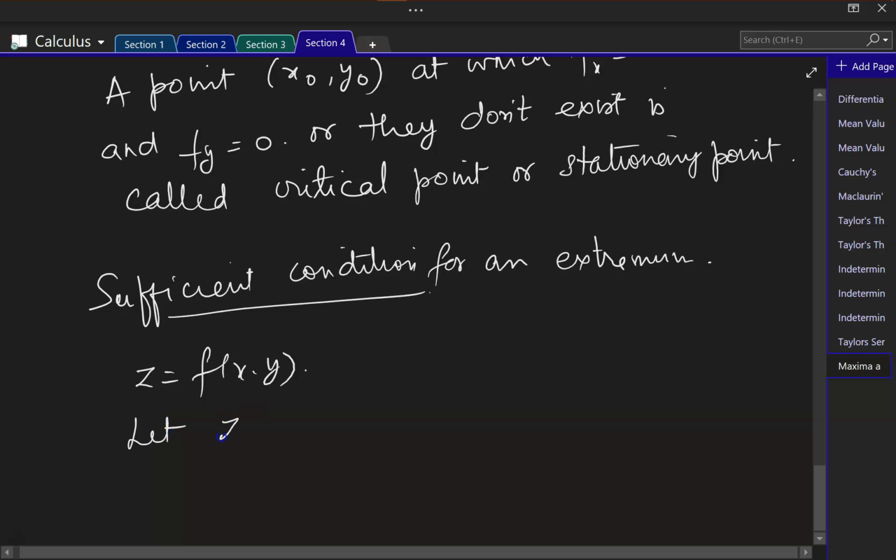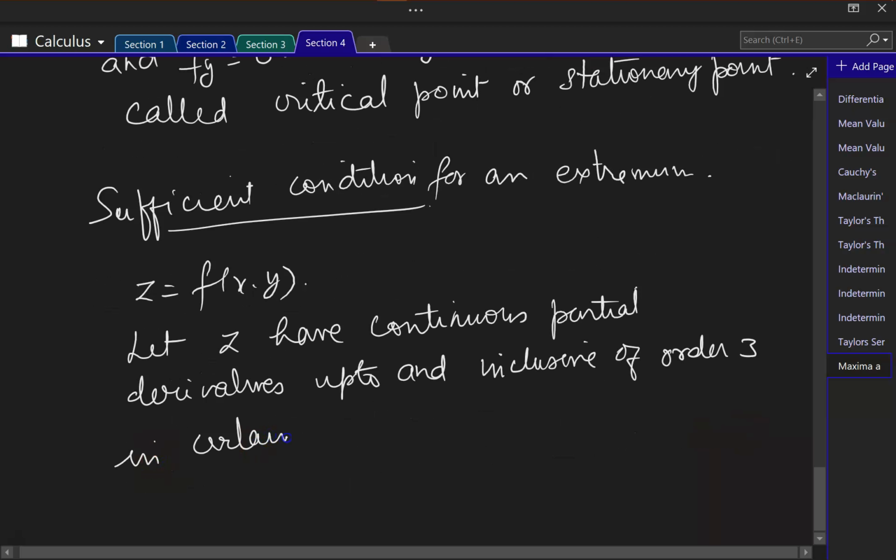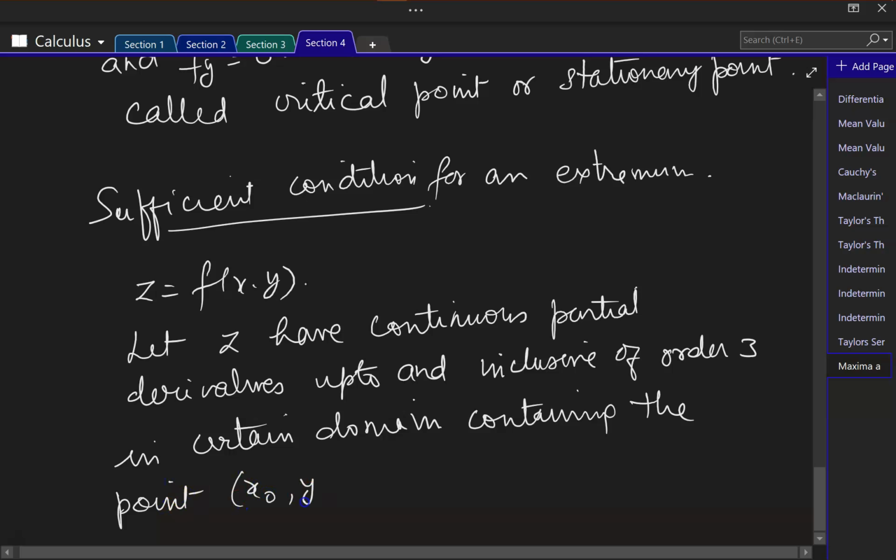Let z have continuous partial derivatives up to and inclusive of order 3 in a certain domain, that means for certain values of x, containing the point x naught y naught.